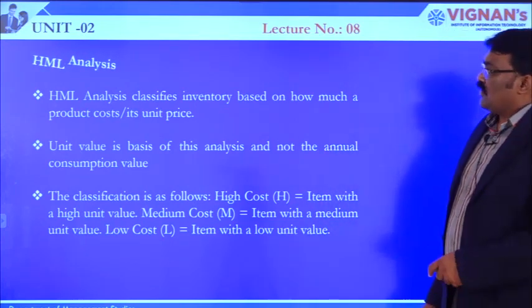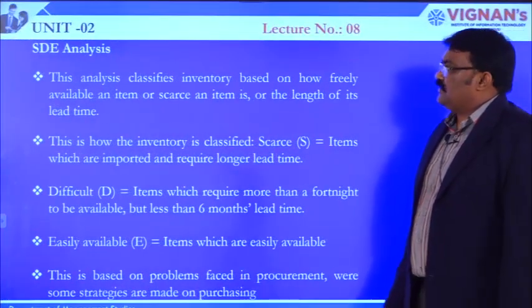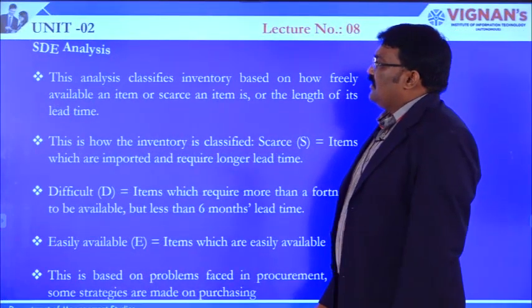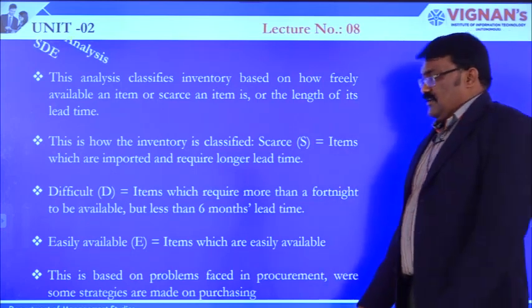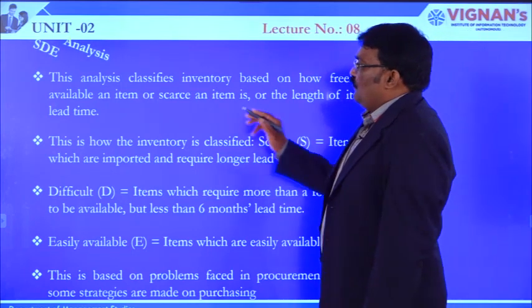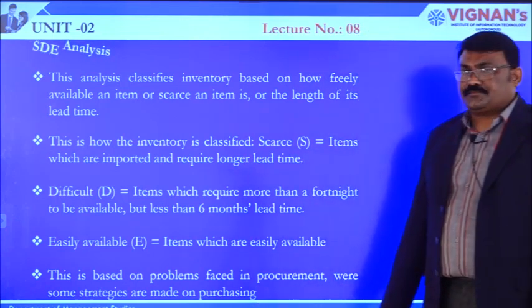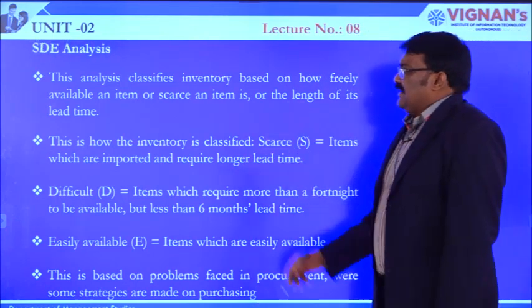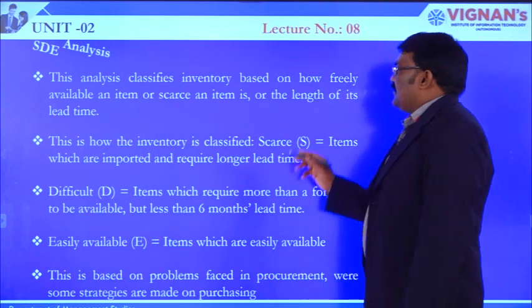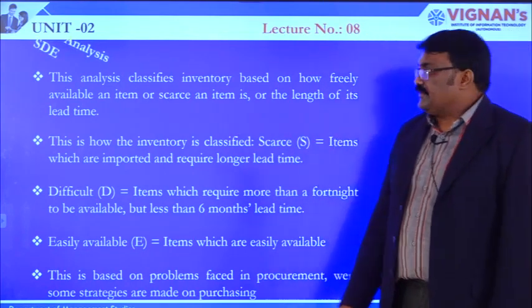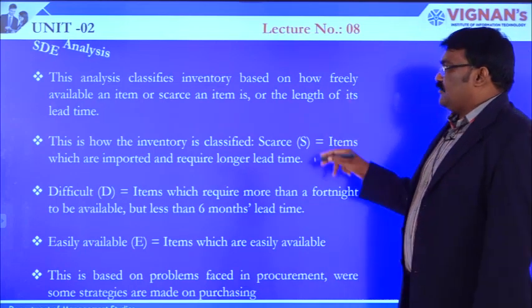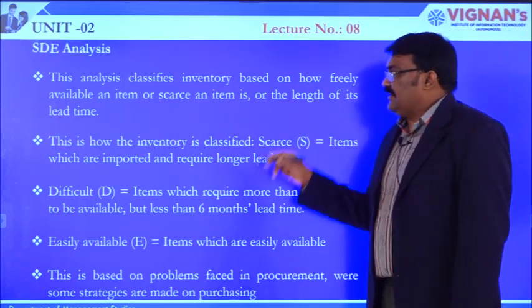Okay. Now, coming to the last type of analysis, that is SDE analysis. Right. Now, under SDE analysis, we have the first one. This analysis classifies inventories based on how freely available or scarce an item is, or the length of its lead time.